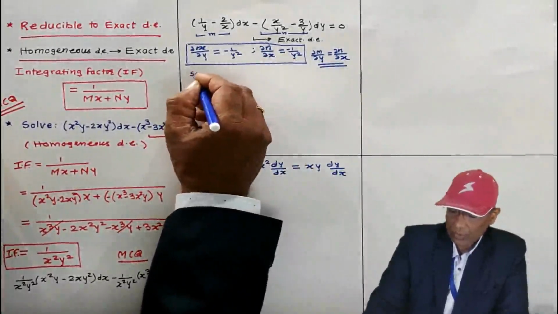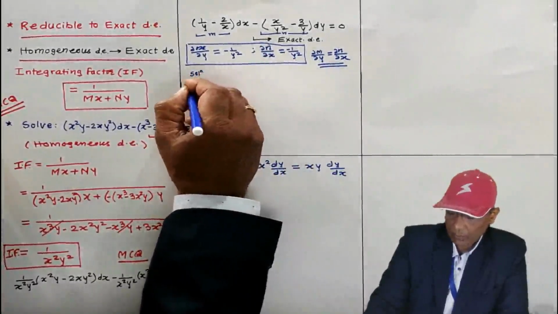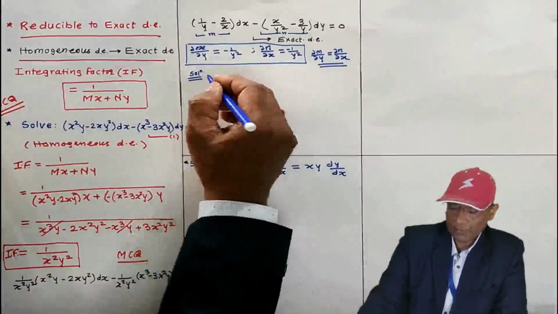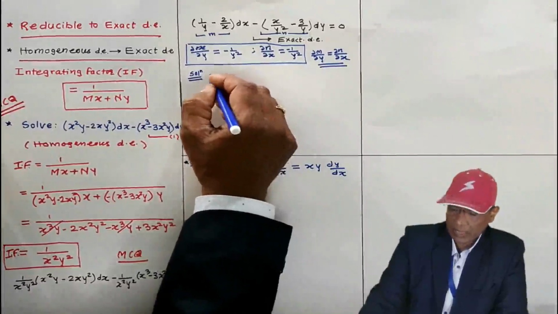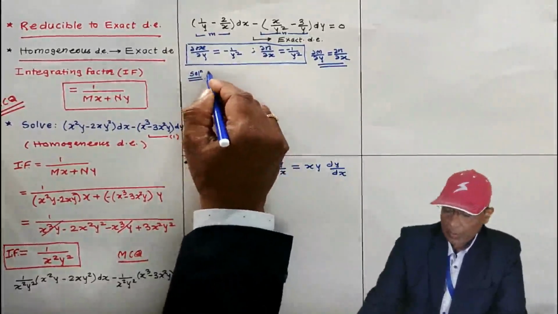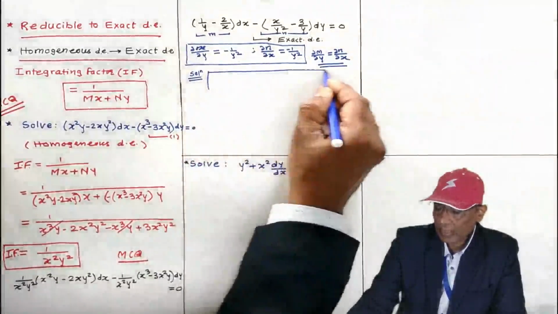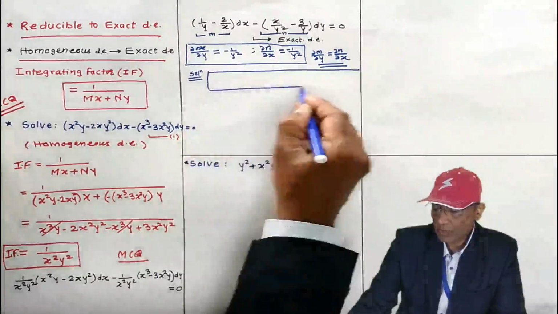Now this is an exact differential equation. How do you find the solution? There is a standard format for the solution. In the previous lecture we have seen it, but once again I am going to write the format, because this is the first problem of reducible to exact.